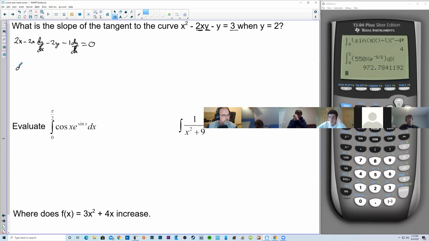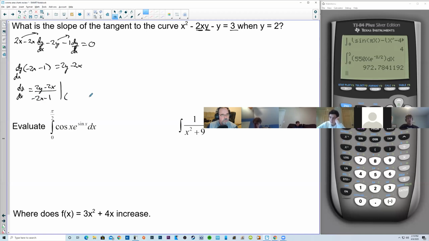Now let's factor out a dy/dx. That'll be negative 2x minus 1. And then anything that doesn't have a dy/dx will get to the other side: 2y minus 2x. So dy/dx is equal to (2y minus 2x) over (negative 2x minus 1).